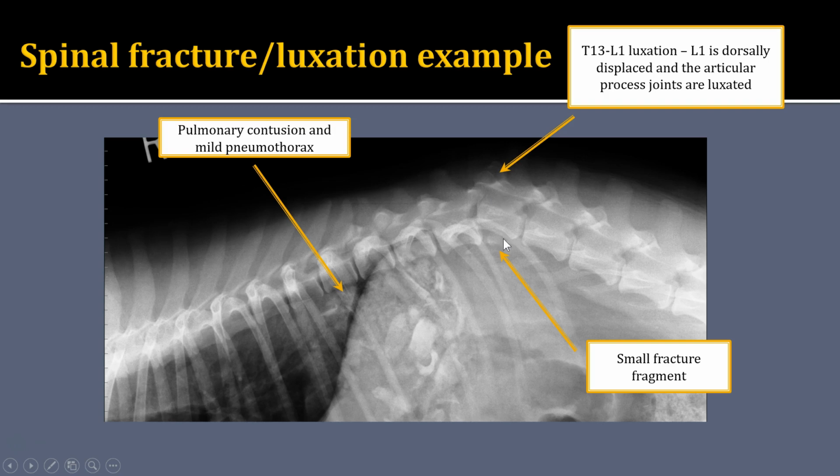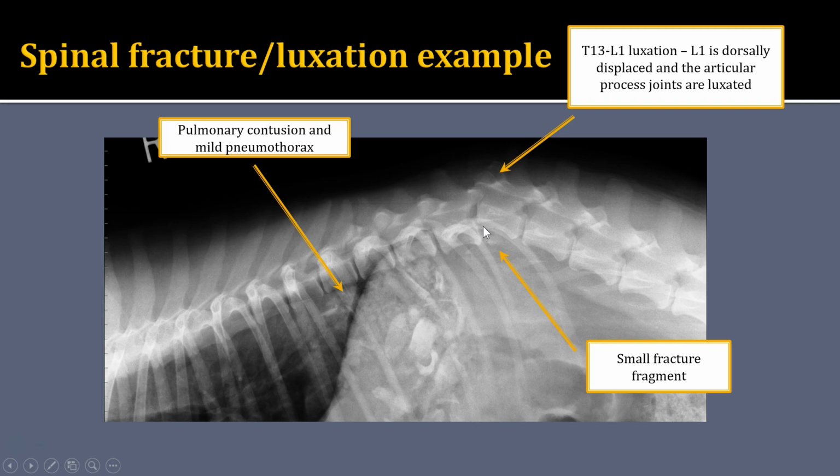When we look really critically, we can see that there is actually a small osseous fragment ventral to the L1 body, which is probably coming from this little lucent area on the corner of the cranioventral aspect of the body of L1.